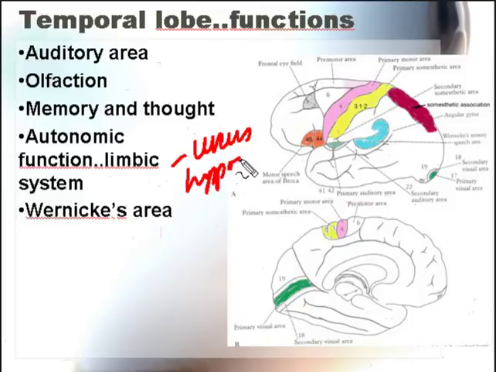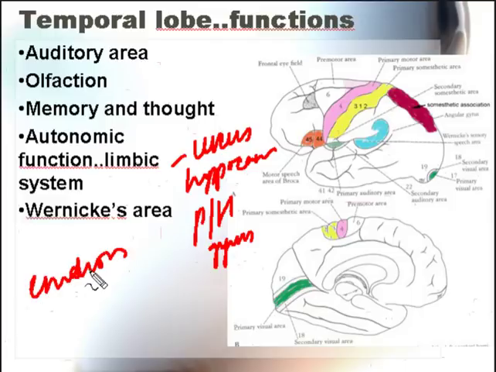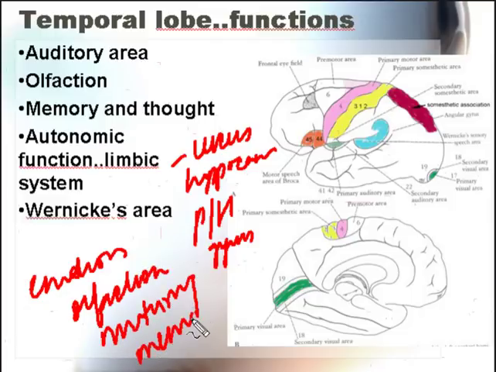All of these areas are connected to the limbic system, and the limbic system is extremely important because the limbic system, which includes the hypothalamus also, is responsible for functions such as reproductive behavior, emotions, olfaction, nurturing, memory. All of this is connected to the limbic system. So you can see how the temporal lobe forms part of the limbic system.